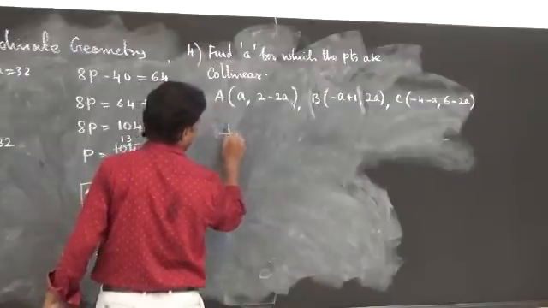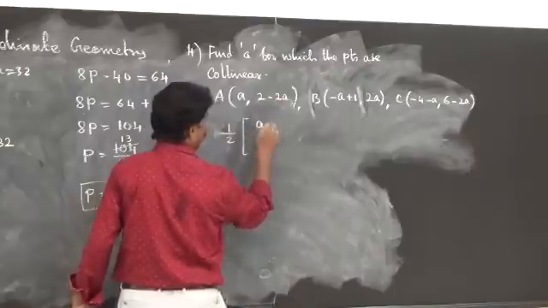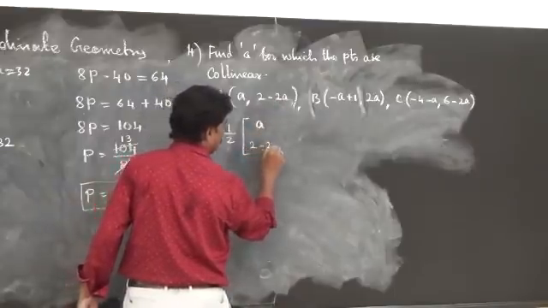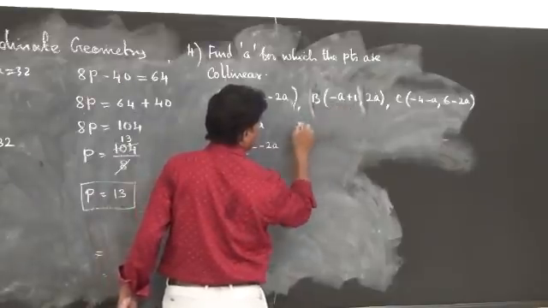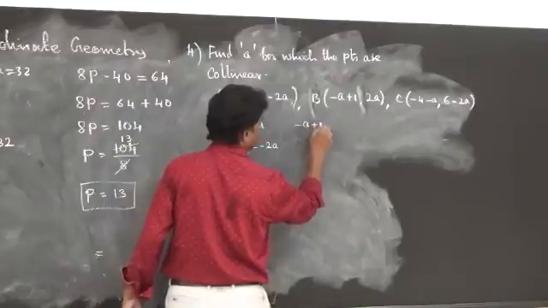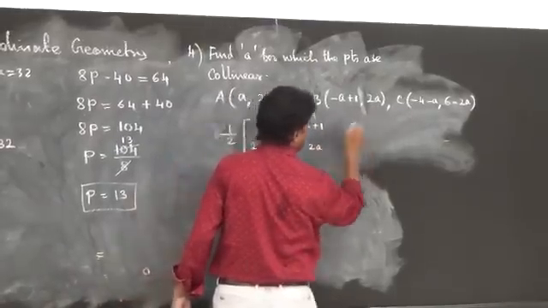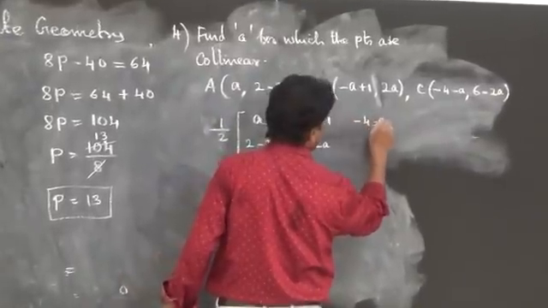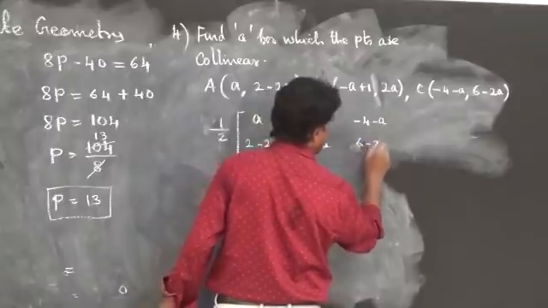What is our area formula? Same. X1, Y1 is a, 2 minus 2a. X2 is minus a plus 1, Y2 is 2a. X3 is minus 4 minus a, and Y3 is 6 minus 2a.